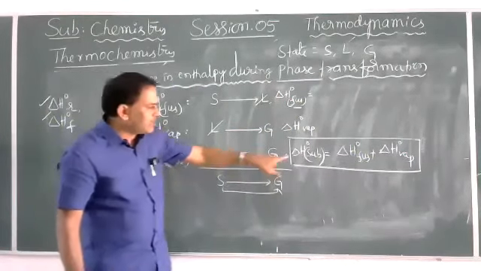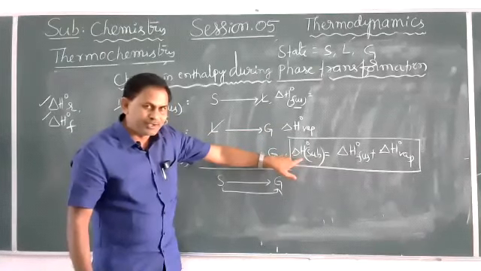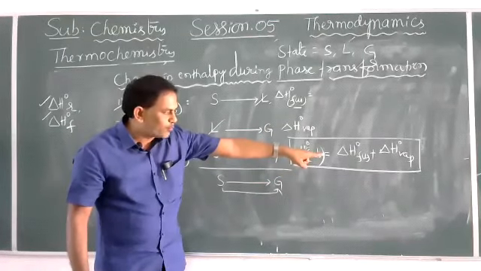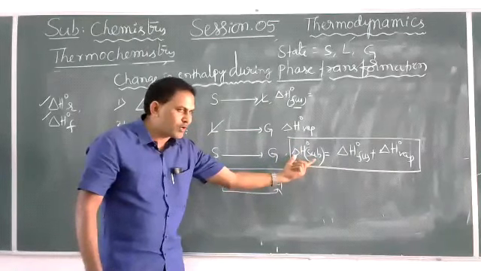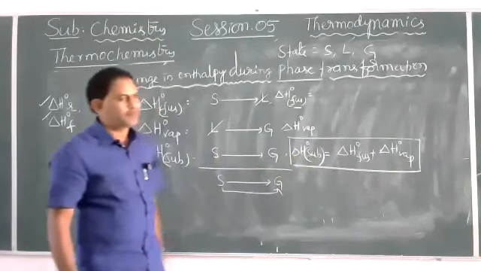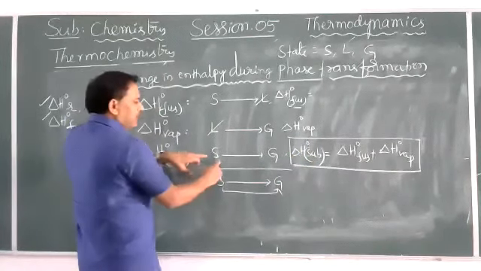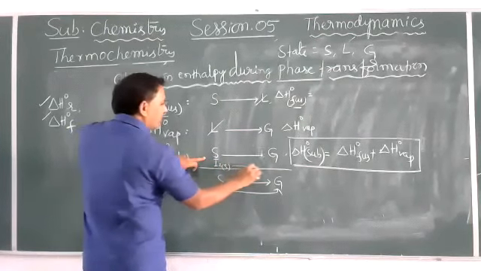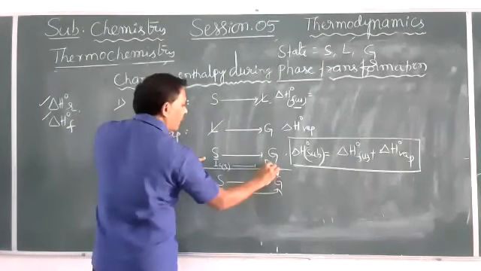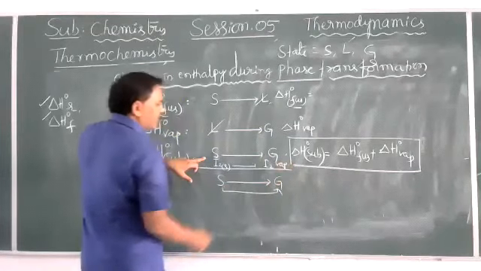So instead of giving the enthalpy of sublimation directly, if they give the enthalpy of fusion and the enthalpy of vaporization, better use this formula to get the enthalpy of sublimation. For example, iodine, a solid, is converted into iodine vapors, a gas.